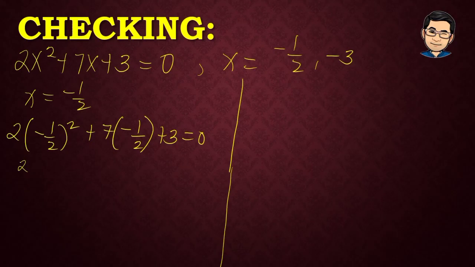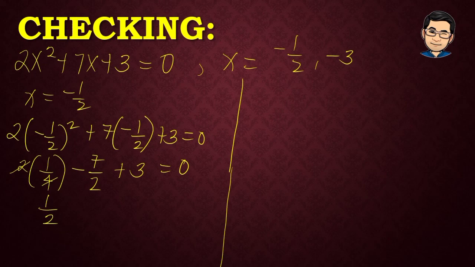So, 2 times 1/4. 7 times negative 1 half, negative 7 over 2. Plus 3 equals 0. So, etong 2 na to, pwede nating i-cancel. Saka yung 4, magiging 1 half na lang. Minus 7 over 2 plus 3 equals 0.